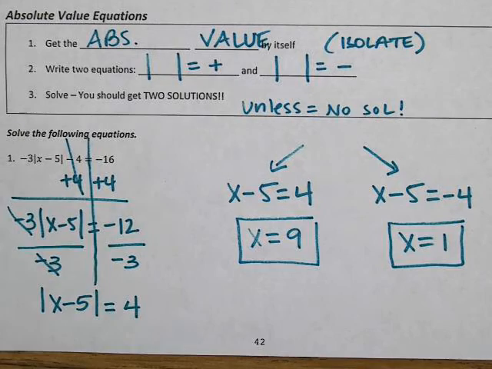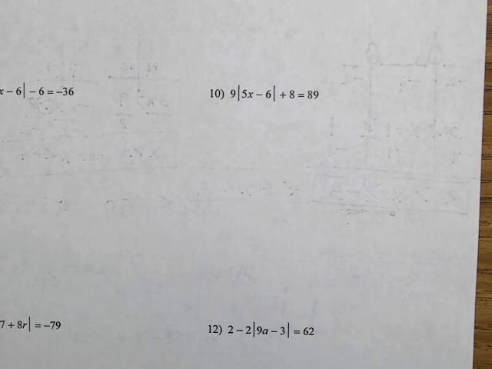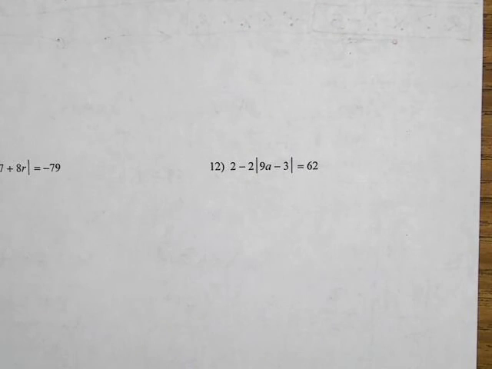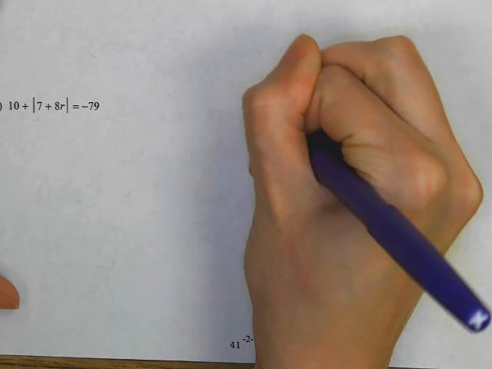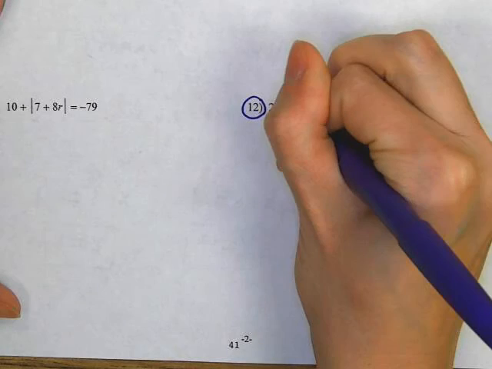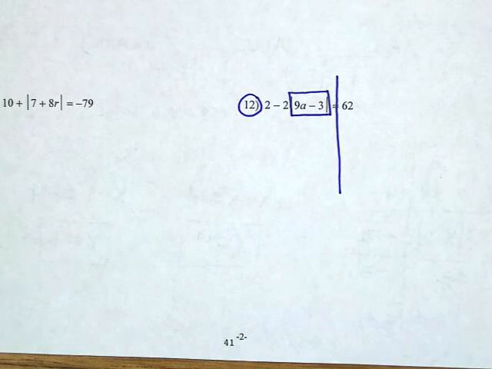All right, let me try to find one that's no solution. Let's try number 12. The rest of these, they're all the same after a while. If you're trying to isolate number 12, let's draw our wall.